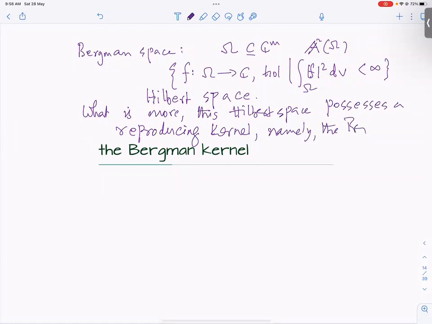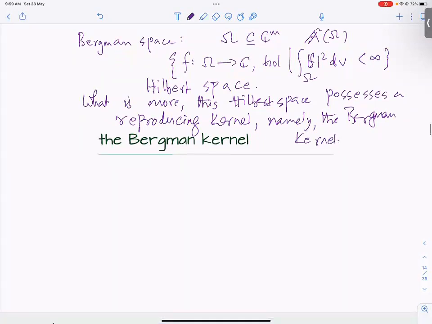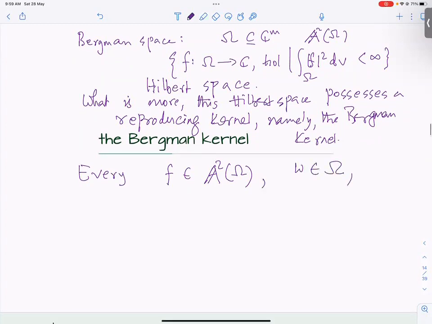And this Bergman kernel has tons of very desirable and very useful properties. So typically, if F is in what I am calling A2 of omega, for every F in A2 of omega and little omega in capital omega, you have that F inner product with something that we will call the Bergman kernel.